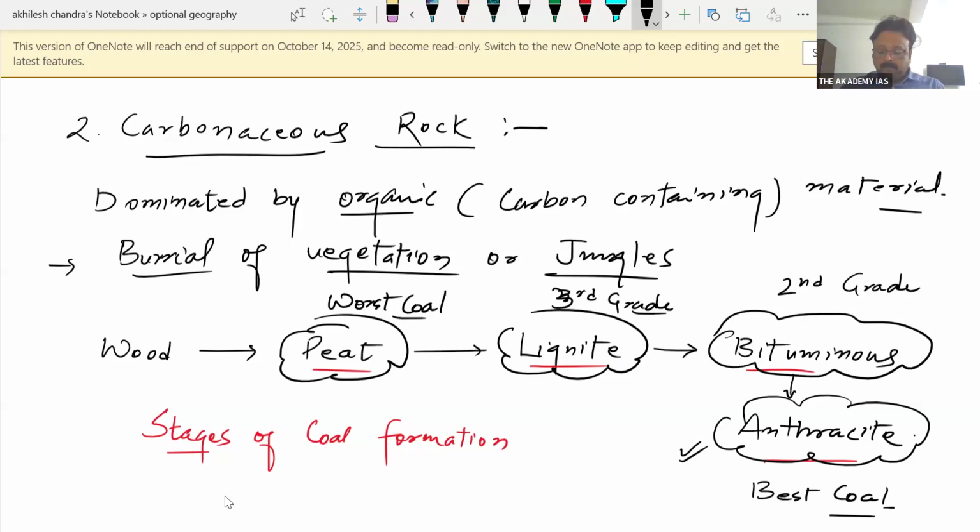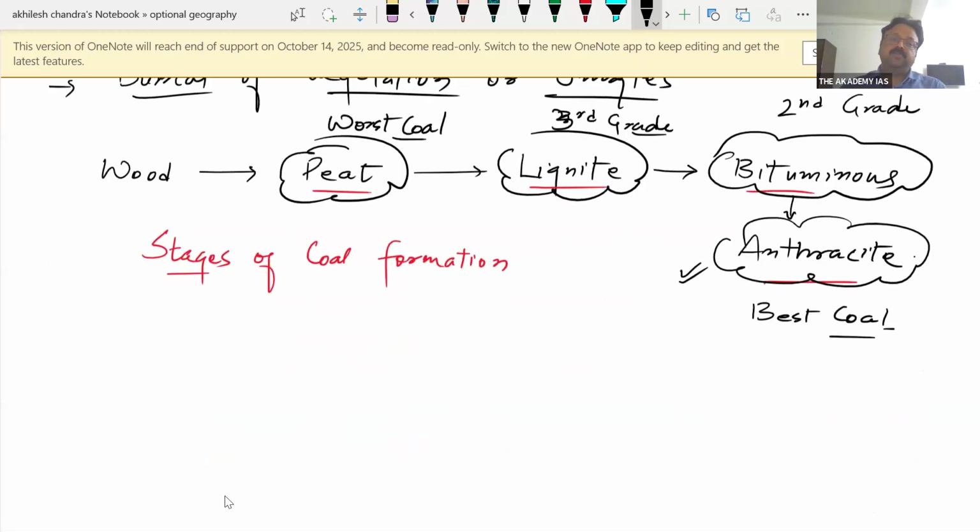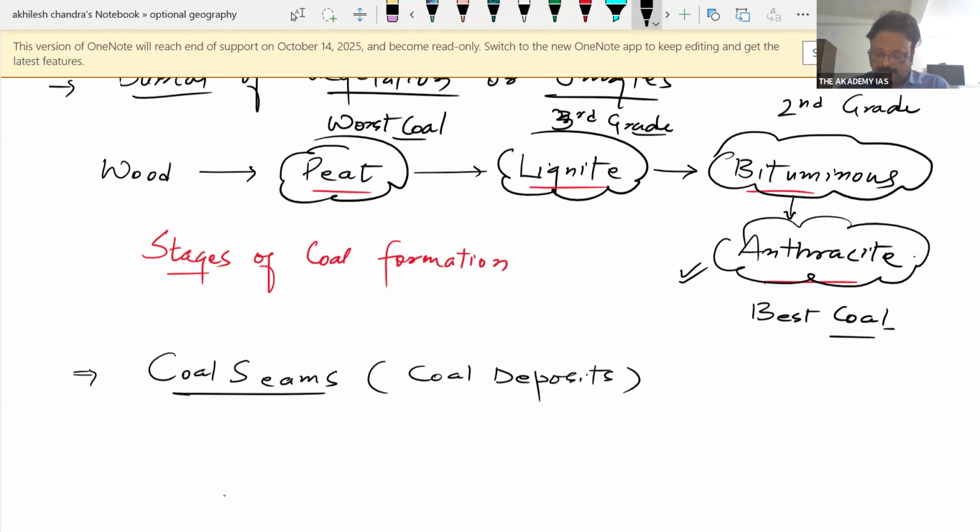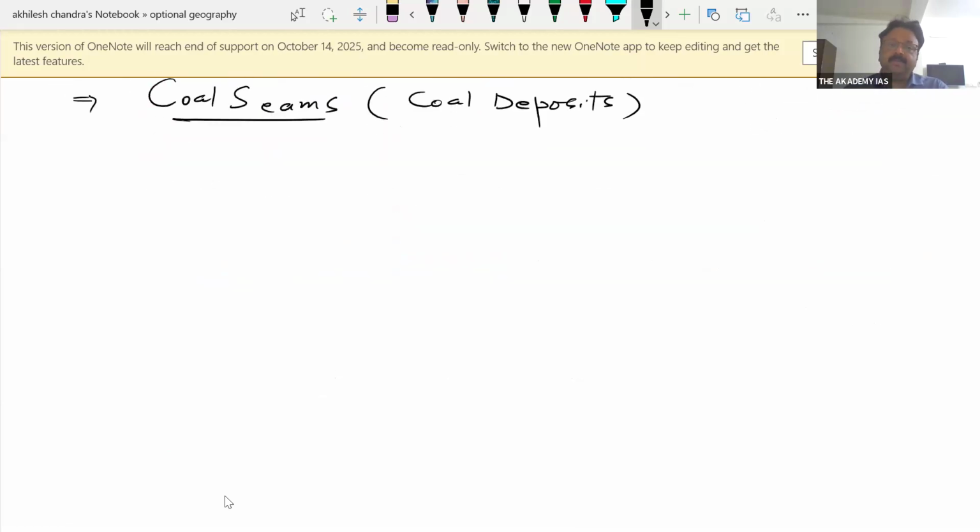These jungles were developed in the form of coal streams. Coal deposits. And you know the significance of coal, or carbonaceous sedimentary rock.